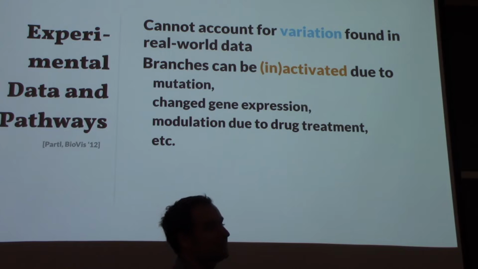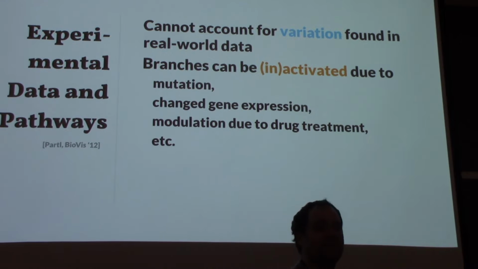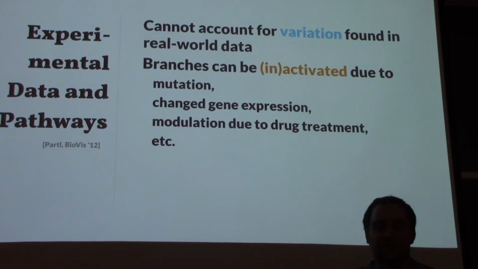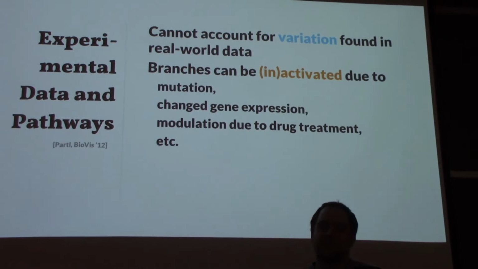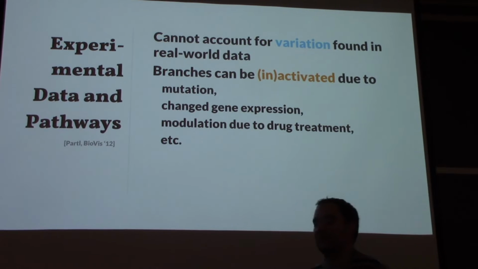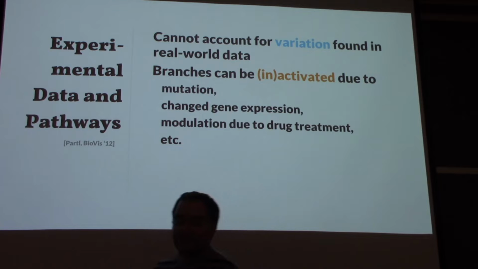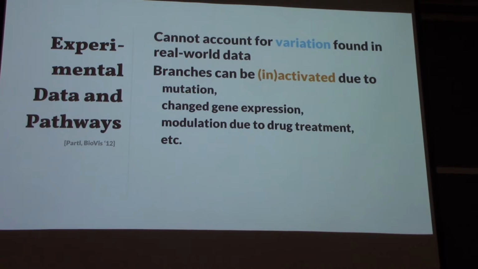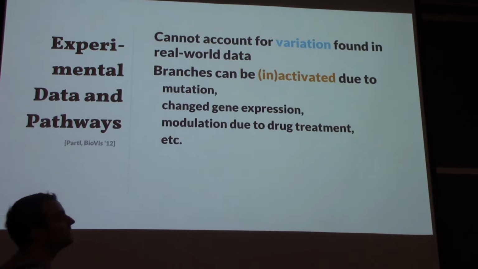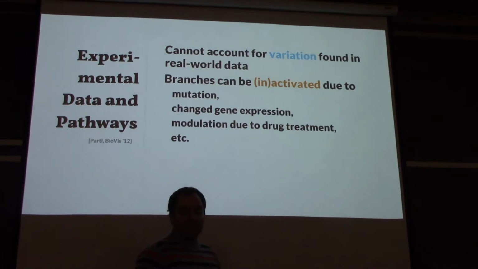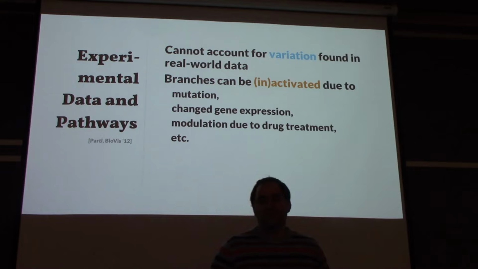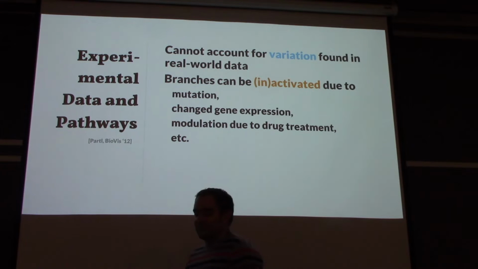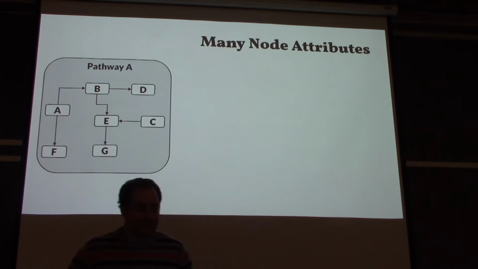Let's assume, for example, something bad is going on, like somebody gets cancer. For example, one gene that regulates cell death is turned off, and therefore cancer proliferates. That could be because one of the branches in one of those networks is inactivated, for example because a gene is mutated, or gene expression is changed, or a branch could also be activated because I'm targeting it with a drug.